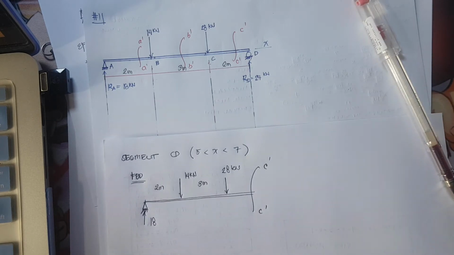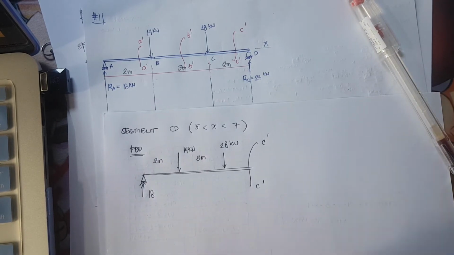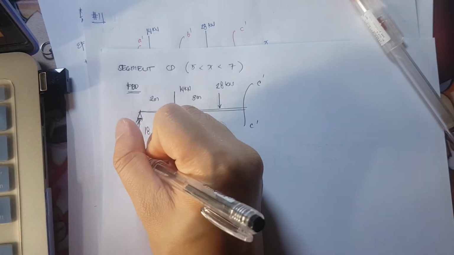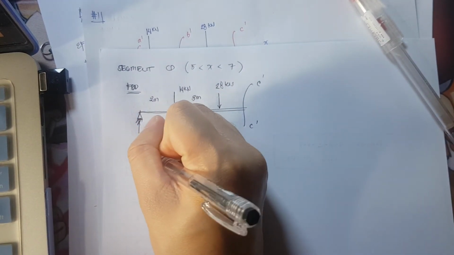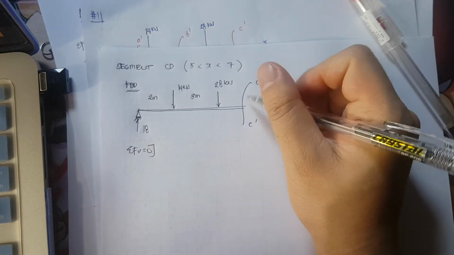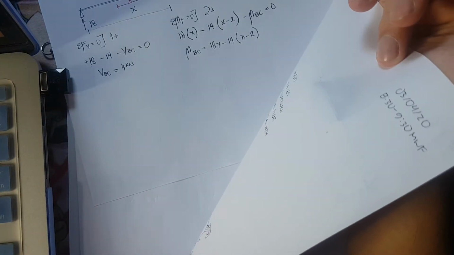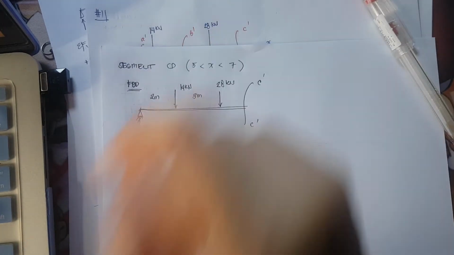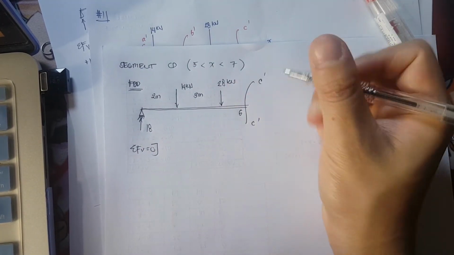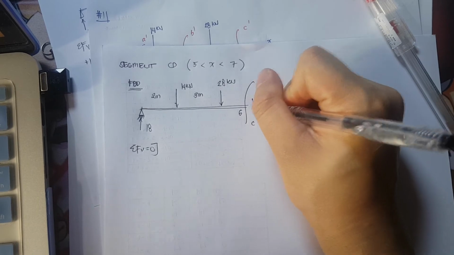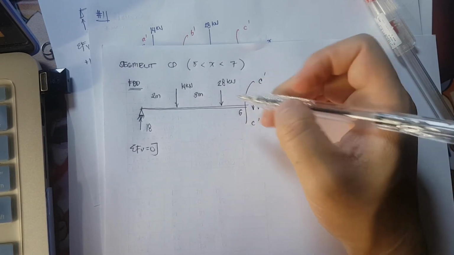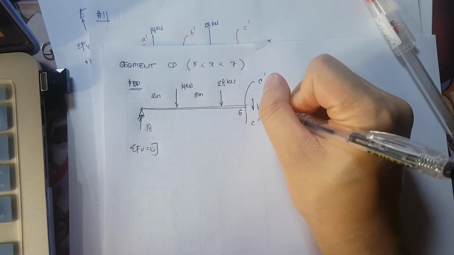Okay, so let us now generate our shear formula. So, shear is summation of forces vertical is equivalent to 0. Let's say that is point F, G. So, let's say this is G. So, we have shear CD.